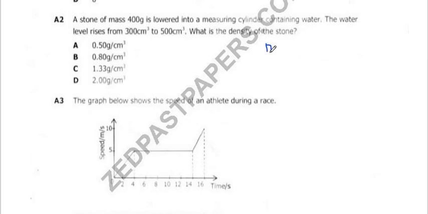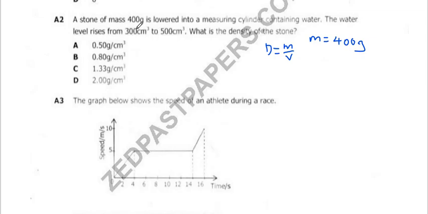So density equals mass over volume, right? What is the mass? We're given the mass right there, and the given mass is 400 grams. And what volume do we have? Well, the volume of the stone can be found by subtracting the volume of the water from the volume of the stone and the water together.